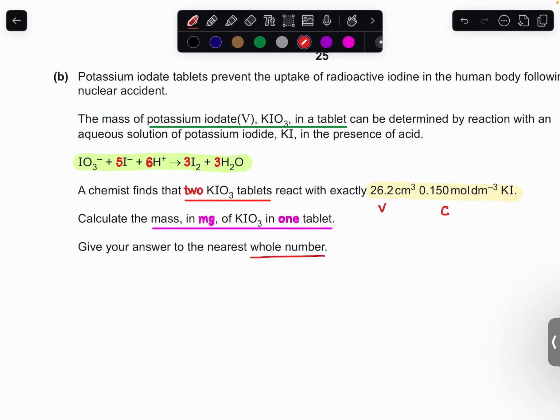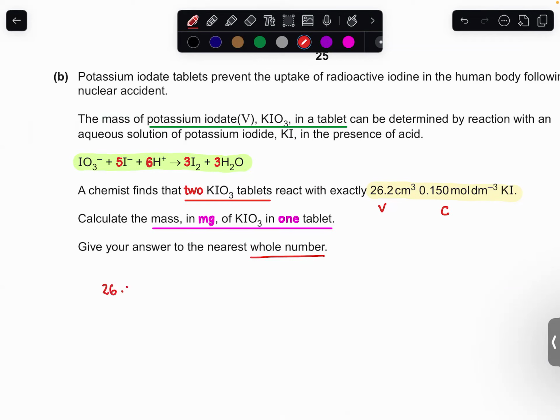in 1 tablet. Now, so 39.1, and let me just get my periodic table, which we've been using some values. I'll just get this ready, which I can refer to quickly afterwards. Right, let's do this. Whenever we're given volume and concentration, the first thing we can do is work out the moles.